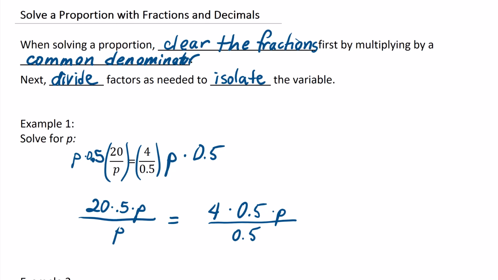Notice that both of these have been multiplied by the same thing, and I can reduce out the common factors. On the left, I can reduce out a p, and on the right, I can reduce out a 0.5. This allows me to now write it without fractions.